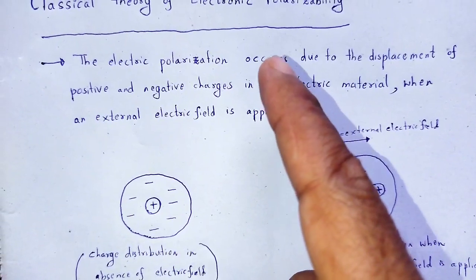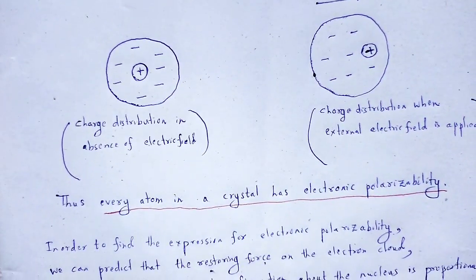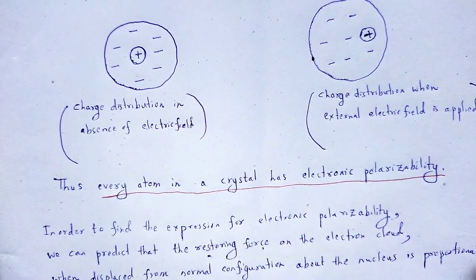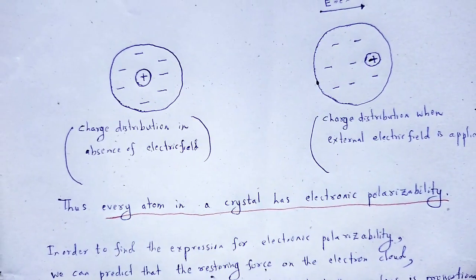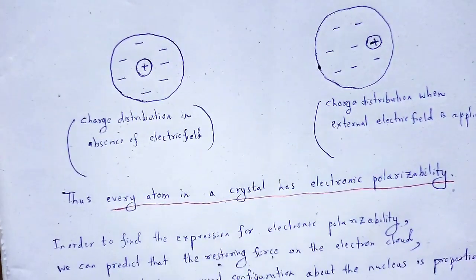Accordingly, the concept of electronic polarizability is established. Next, mathematically, we derive the expression for electronic polarizability by using classical theory.